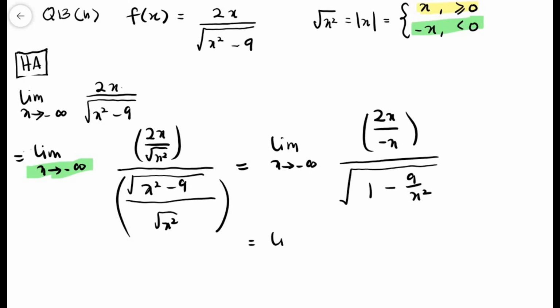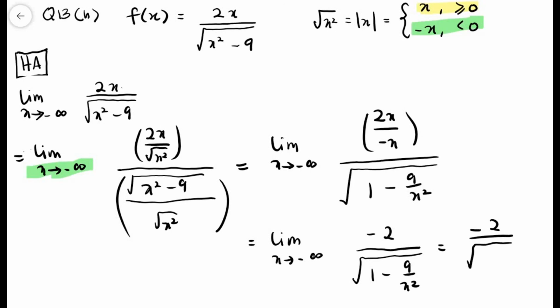So you simplify, you'll get the limit as x approaches negative infinity of negative 2 over sqrt of 1 minus 9 over x square. Hence, by substituting the value, you'll end up with negative 2 over sqrt of 1 minus 0. So the final answer is negative 2. But you need to write down your conclusion. So therefore, y equal to negative 2 is the horizontal asymptote.